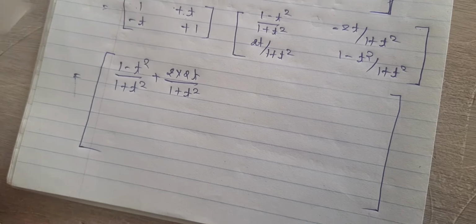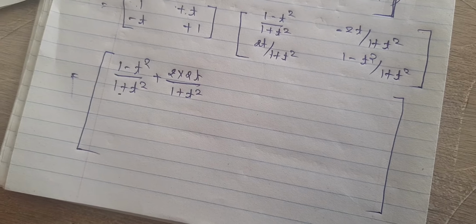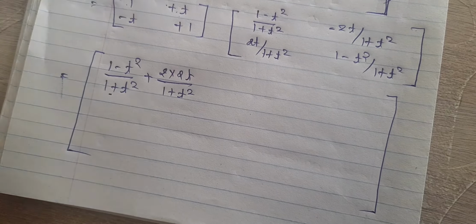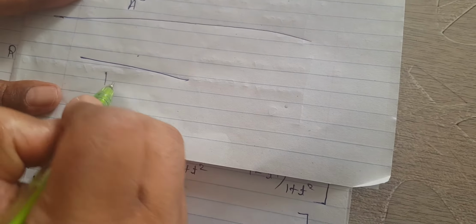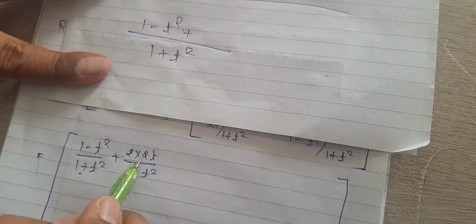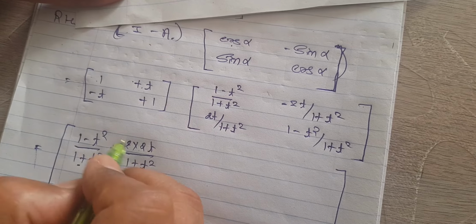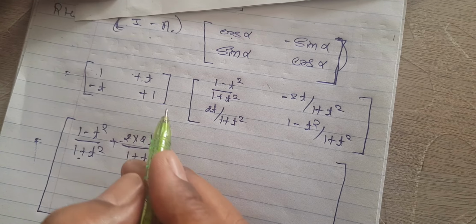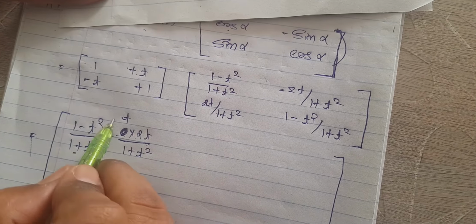So what you get, I show you this operation. Just see, your denominator is 1 plus t square, that is common. Numerator: 1 minus t square plus t into 2t, which is 2t square.